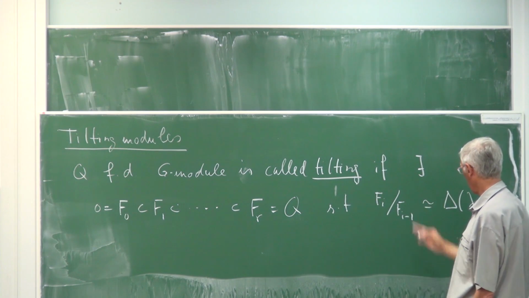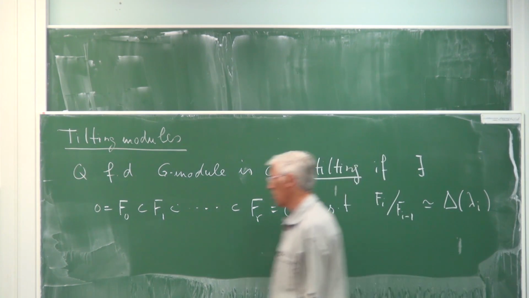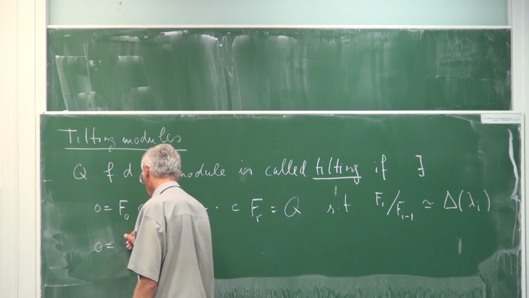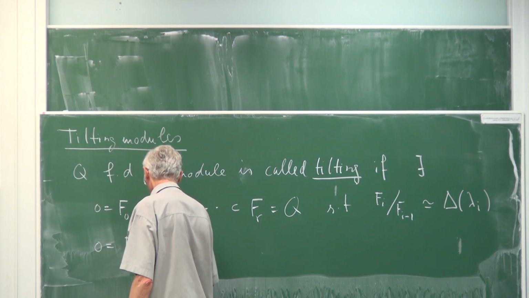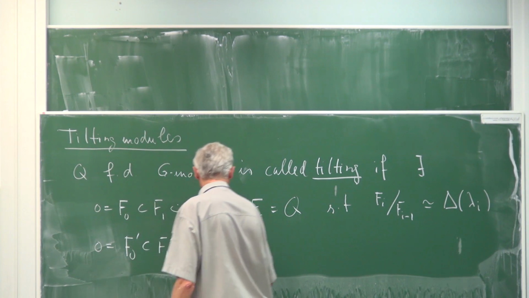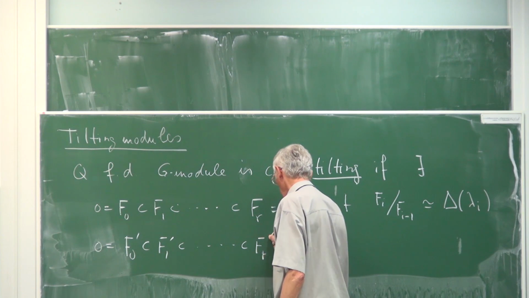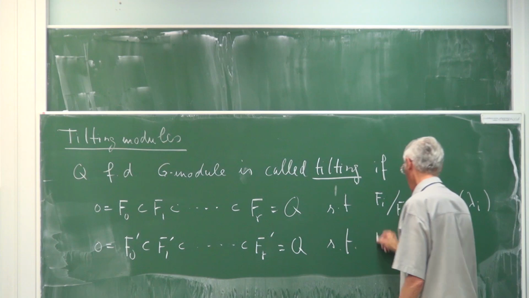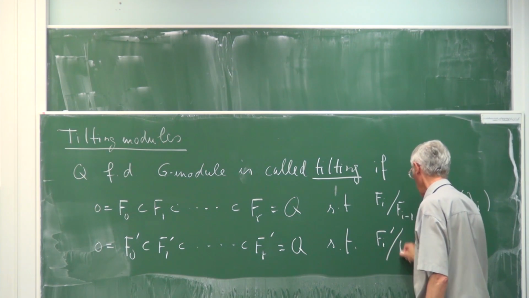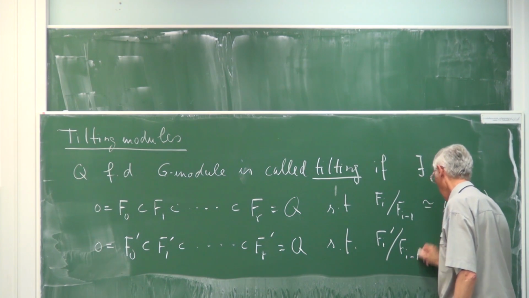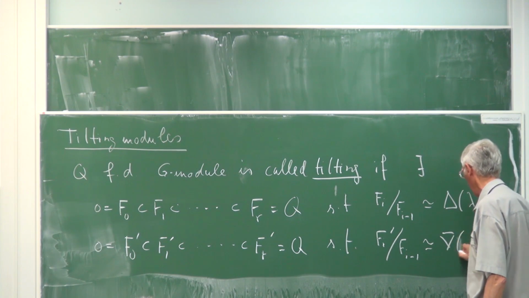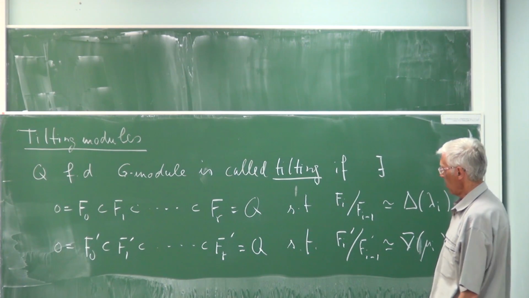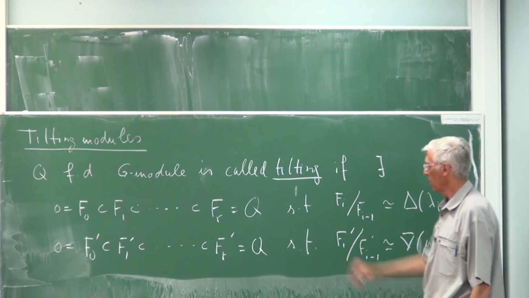So it's called tilting if it has one such filtration and another one, say F_0 prime, F_1 prime, and so on. It turns out that it will have the same length always, but this time the quotients are nablas, say nabla mu_i. So this is a requirement to be tilting.